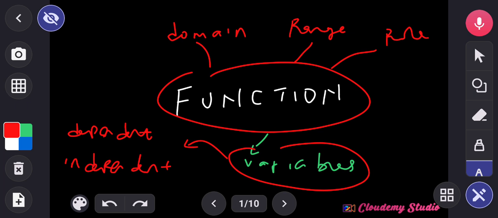You understand? Now, when a variable quantity depends upon another, it means that the value of the latter determines the value of the former. And the former is said to be the function of the latter. What we are trying to say is that one is independent and the other one is dependent.